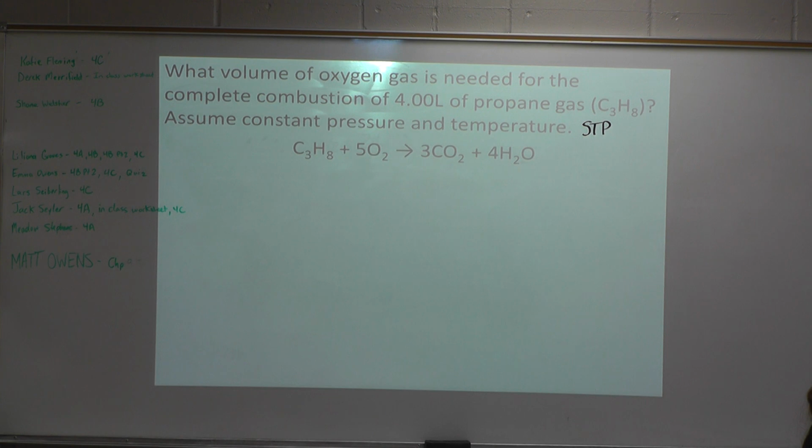Not close in number, but close in value. What's the combined gas law? Don't look at the combined gas law. The combined gas law is your V1 over T1. Why are you going from 9 to 10? You're not going from 9 to 10.